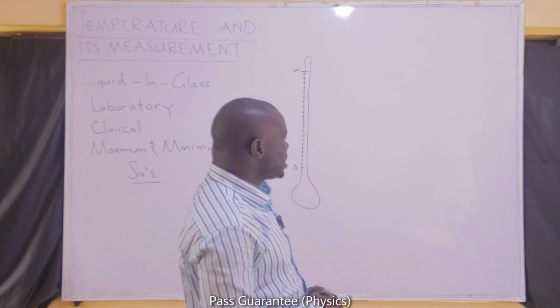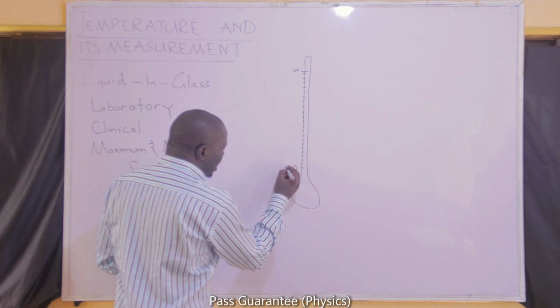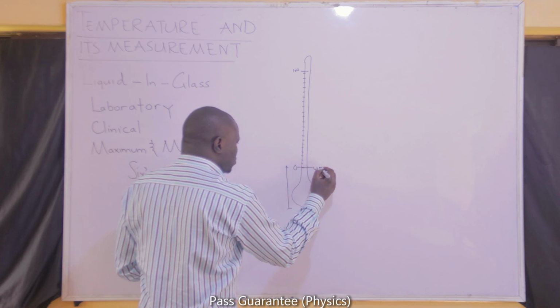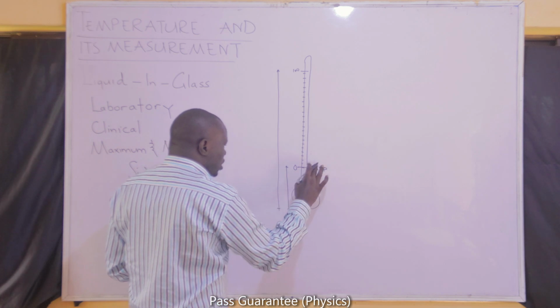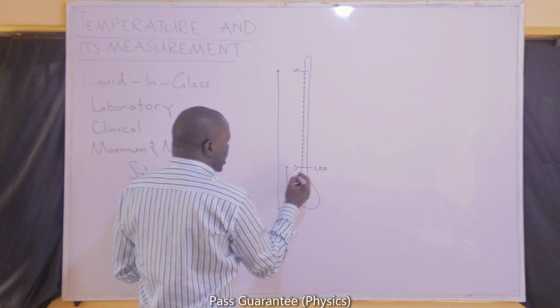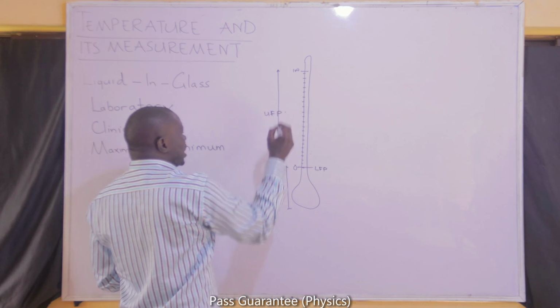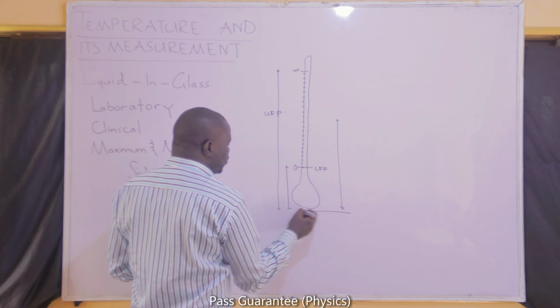There are also formulas that we can use, so that if I know the length from the bottom to the lower fixed point and the length from the bottom to the upper fixed point, then I can find the temperature at any length that you give me from the bottom.